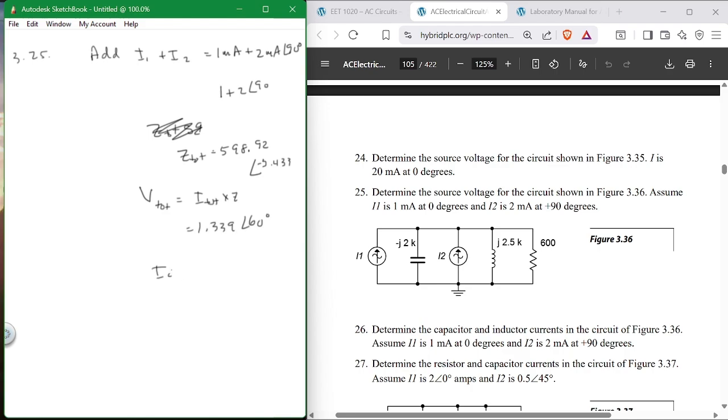So now what is I across the capacitor? What is I across the inductor? V over the X sub C, V over the X sub L, which is in this case 0.669 milliamps at 150 degrees. This one is equal to 0.5356 at minus 30 degrees.